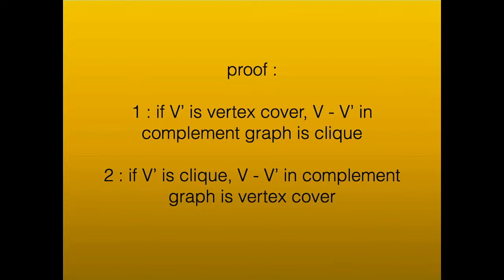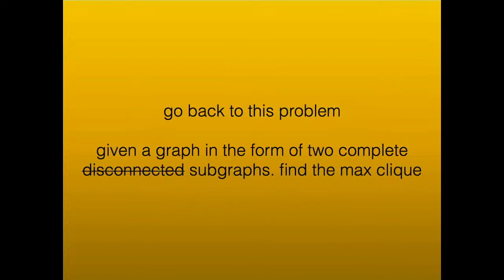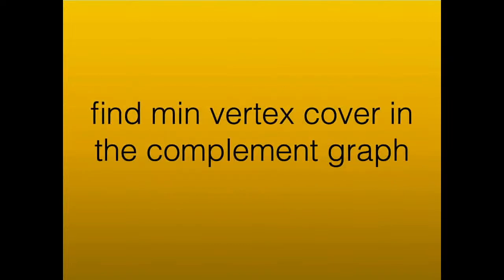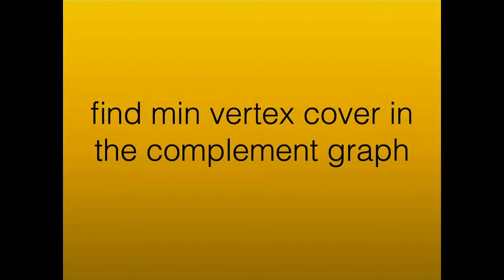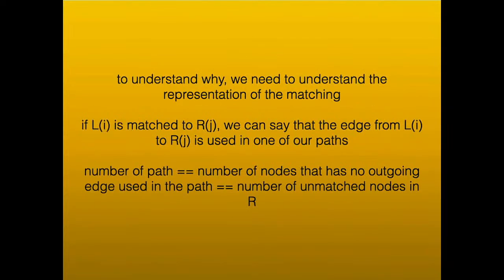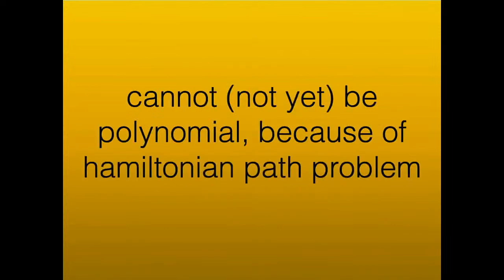The rest of the vertices is actually a clique in the complement graph. Actually, I intended to go through this slide first before going back to this problem, but we already solved it. So the complement is bipartite, and then we want to find the minimum vertex cover in the complement graph.